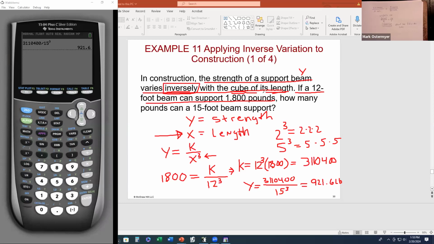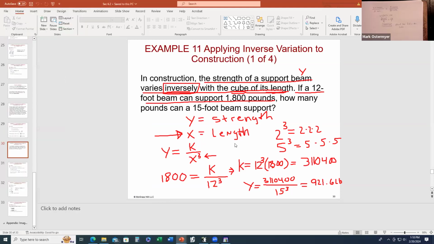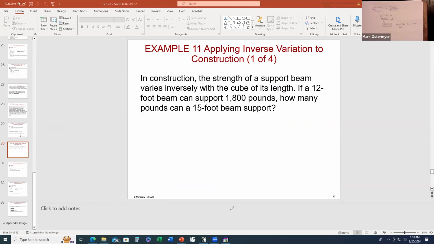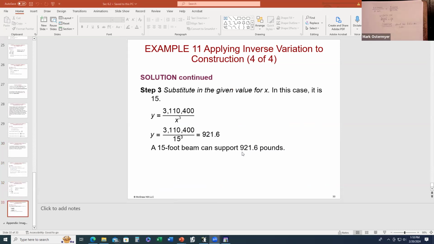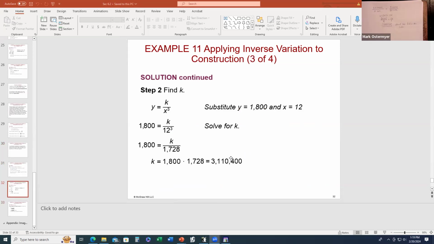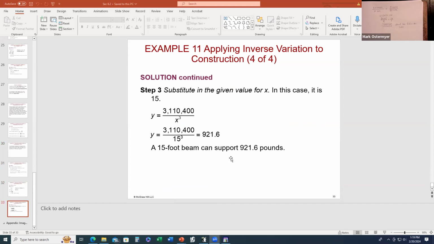Because it says the cube of its length X. All right. All righty, there you go. There's a solution. We just worked it all out.